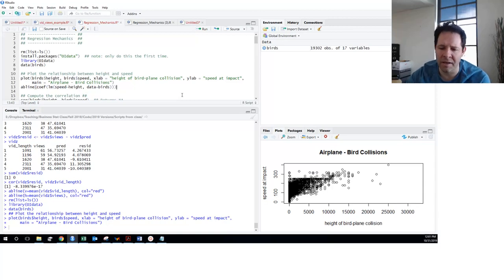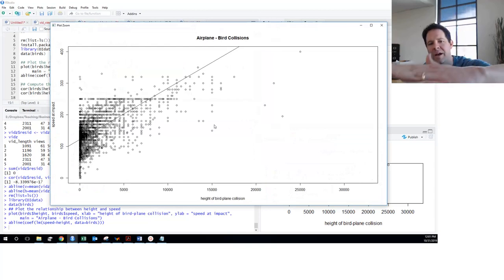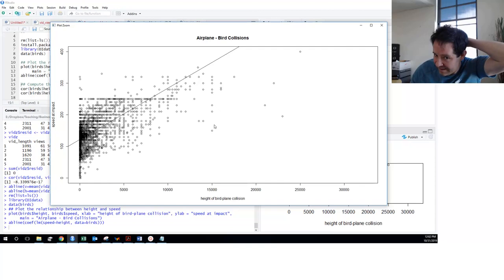It sort of makes sense that this would be upward sloping. The higher the airplane is, the faster it's likely to be going, so there's an upward sloping relationship between these two. This line just overlays the best fitting regression line. It has to account for the density of the observations and how well it's fitting those.